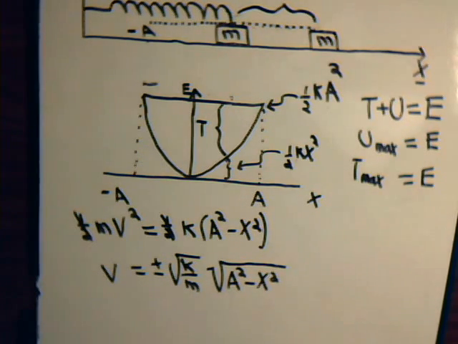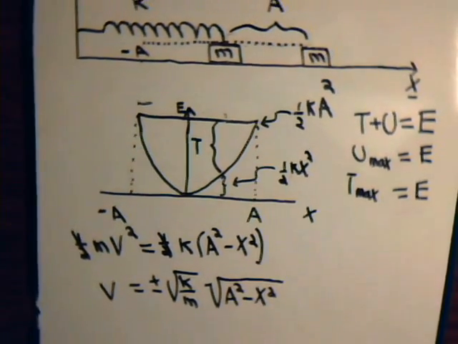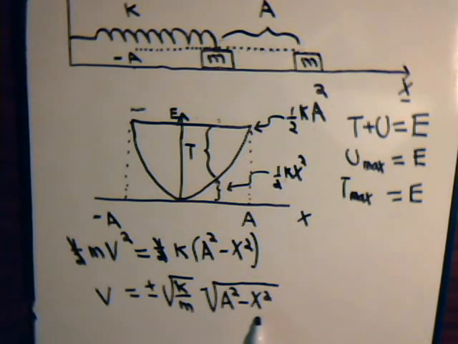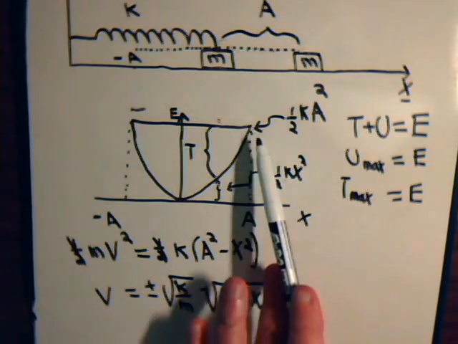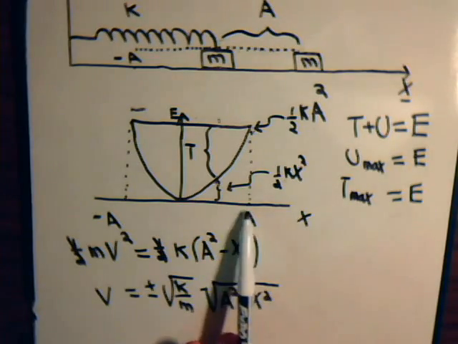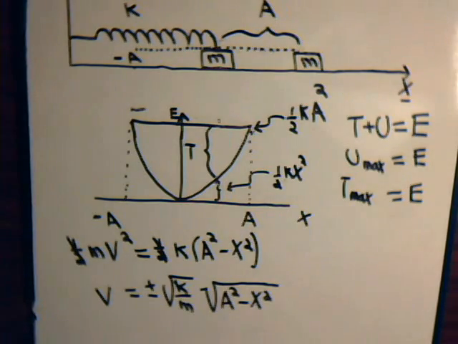And again, we're showing that when x equals A, when we're at the maximum displacement, the velocity is 0, the kinetic energy is 0, and the energy at that point, when x equals A, consists entirely of the potential energy.